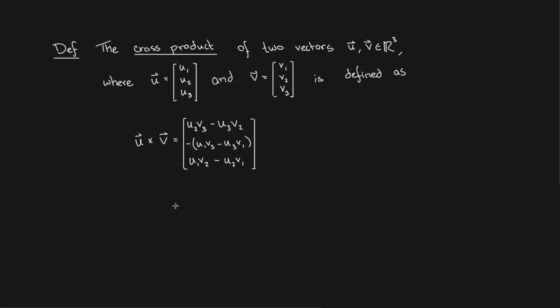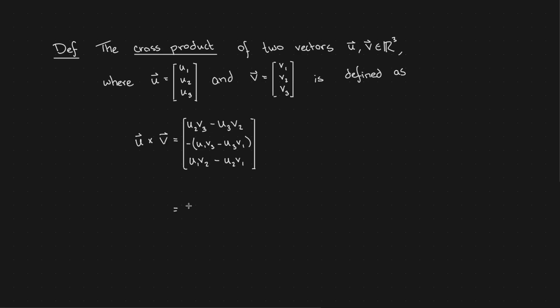Now, I'm going to write this in a slightly different way, and it might make us think of something, okay? So I'm going to write this in terms of the standard unit vectors as a linear combination of those i, j, k vectors.